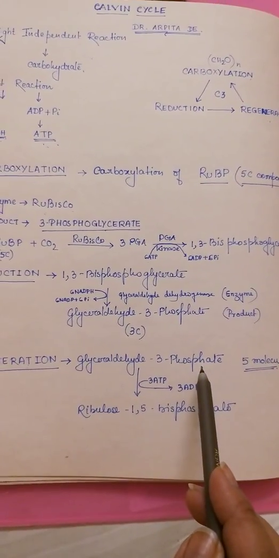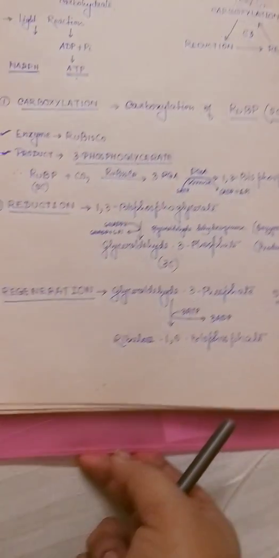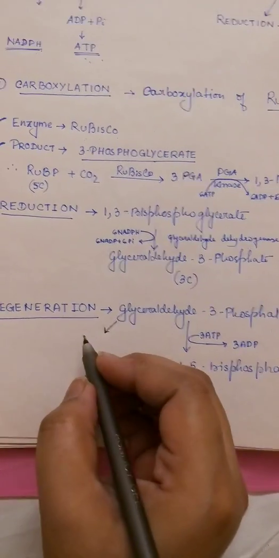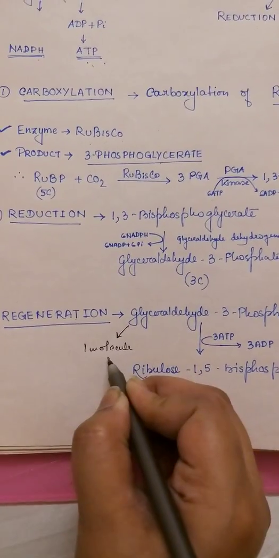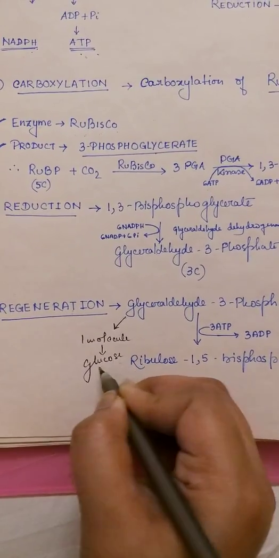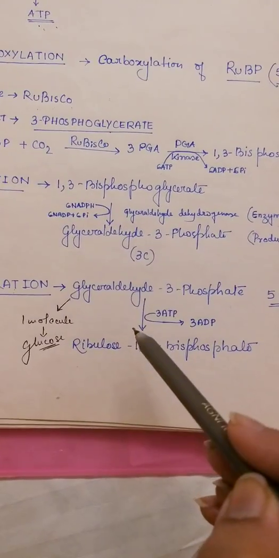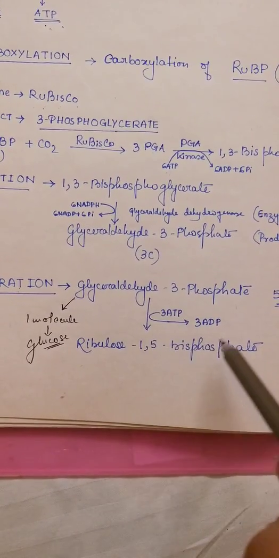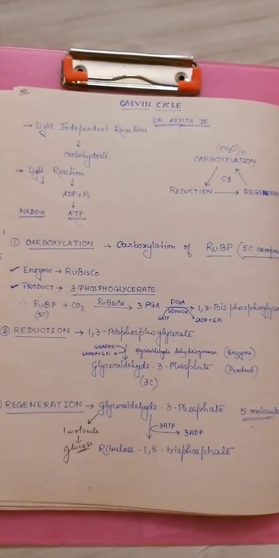Among the 6 molecules of glyceraldehyde 3-phosphate, 1 molecule goes for the formation of glucose. The rest 5 molecules are there to regenerate the ribulose 1,5-bisphosphate. Here also in this stage we see 3 ATP molecules are used.